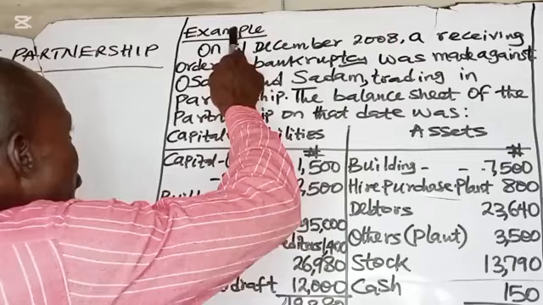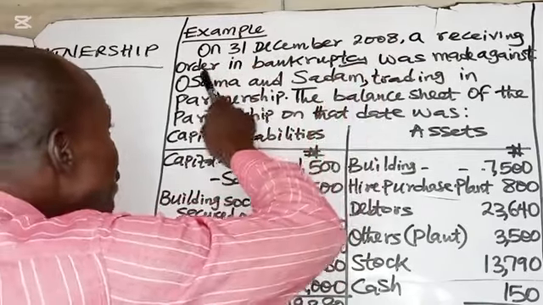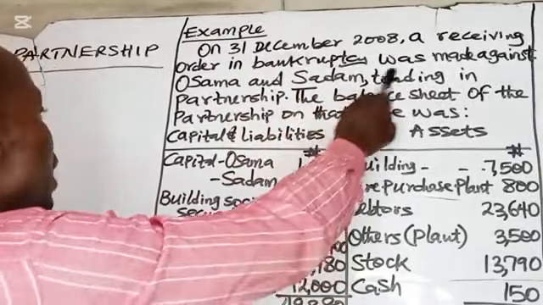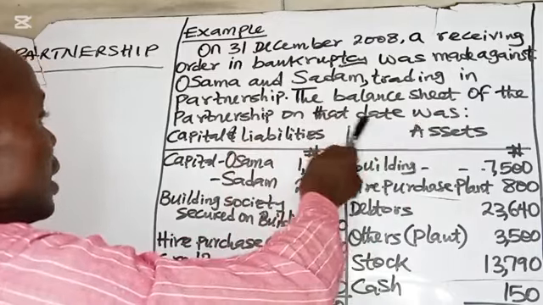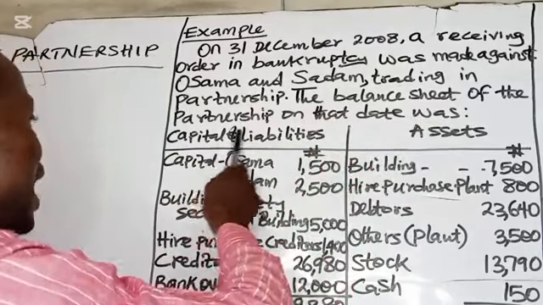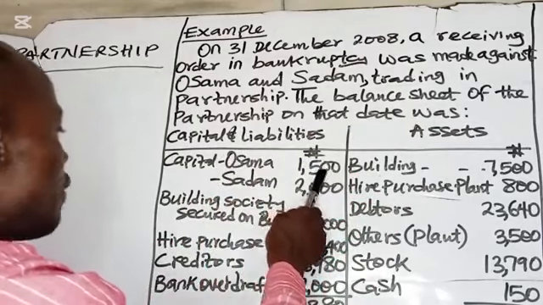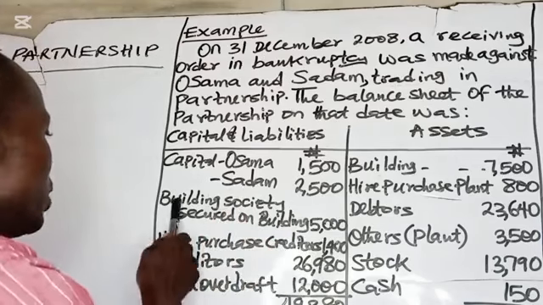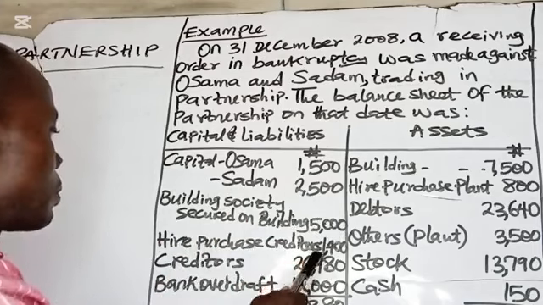Keep watching. Example. On 31st December 2008, a receiving order in bankruptcy was made against Osman and Saddam, trading in partnership. The balance sheet of the partnership on that date was, we have capital and liabilities, then we have assets. Capital, Osama 1,500, Saddam 2,500. Building society, secured on building 5,000.